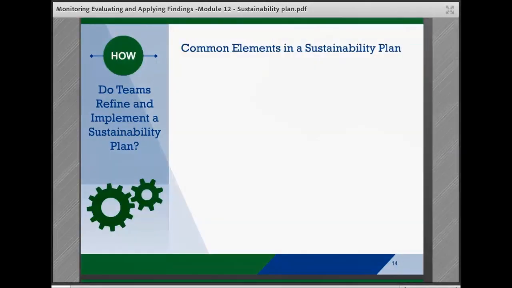How do teams refine and implement a sustainability plan? Let's outline a few common elements that should be included in a plan.